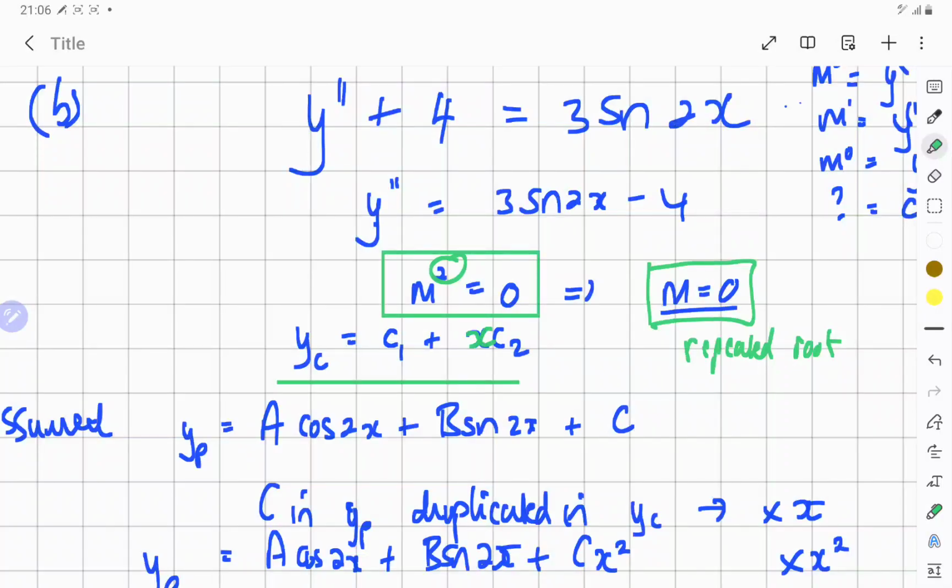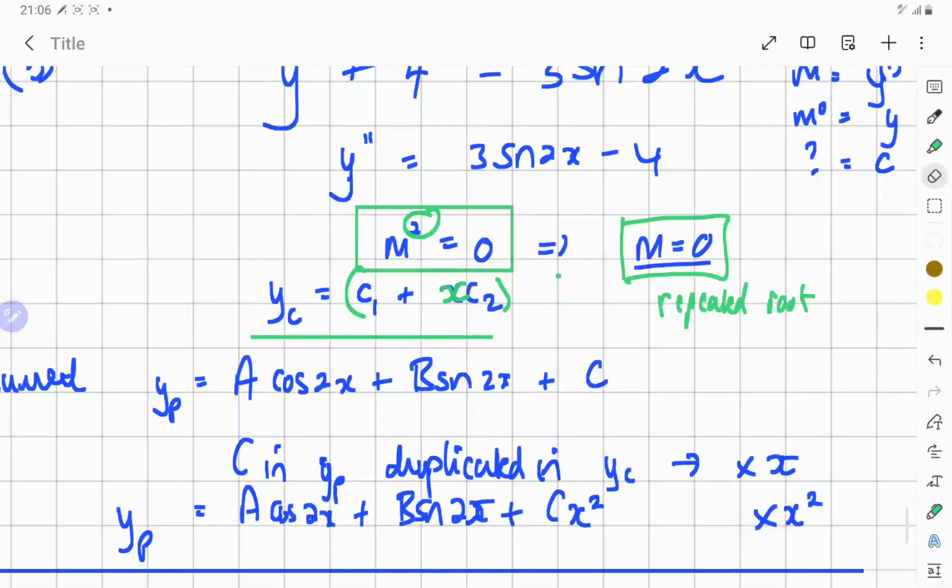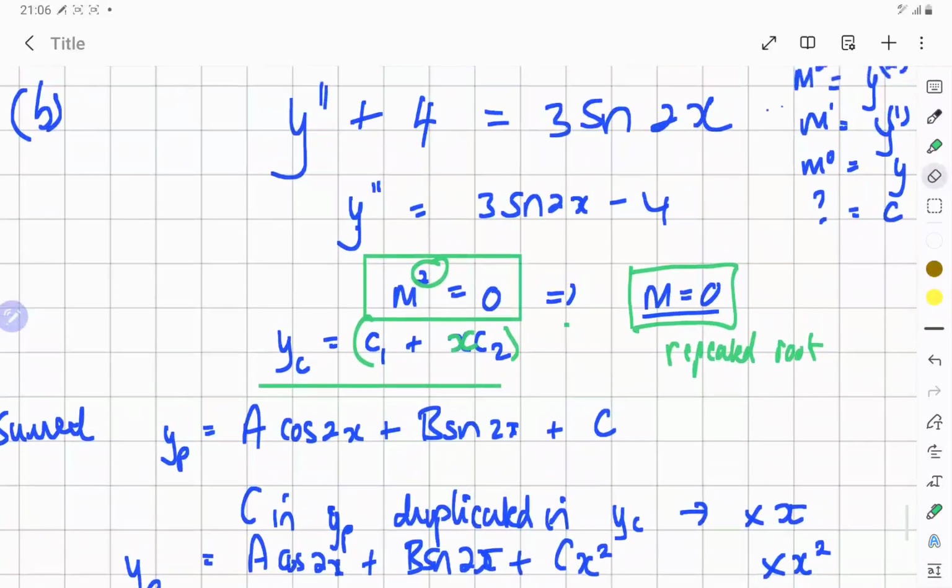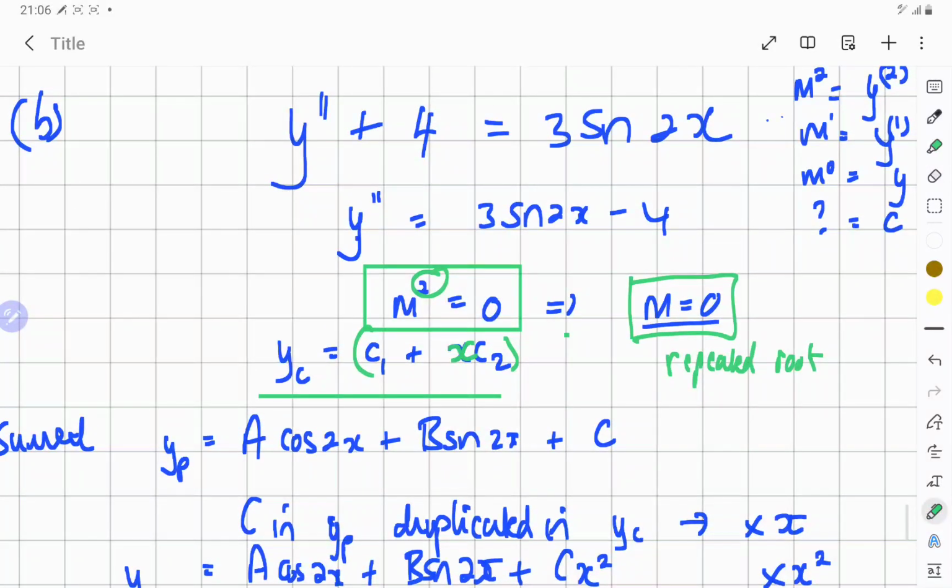Why the x? Because of the repeated root. And remember, because m is 0, we actually have e to the 0x, and that falls away. So let's see what our assumed y particular will be.